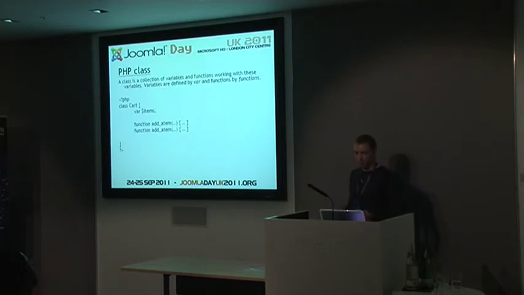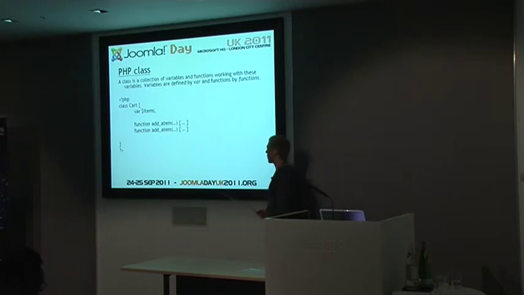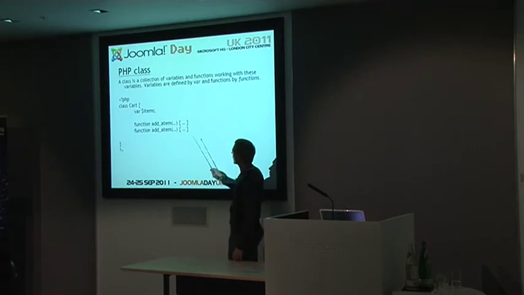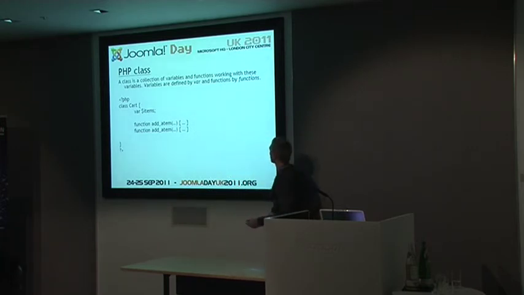So that's very important to understand, and to know actually that PHP has a class. Well, class is a very important thing to understand just because Joomla uses a lot of different classes. The definition of a class is a collection of variables and functions working with these variables. So basically it's an object.